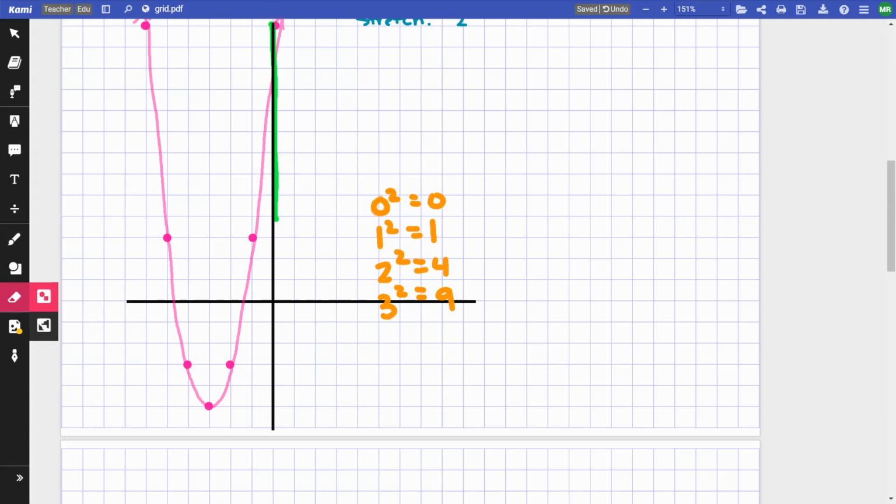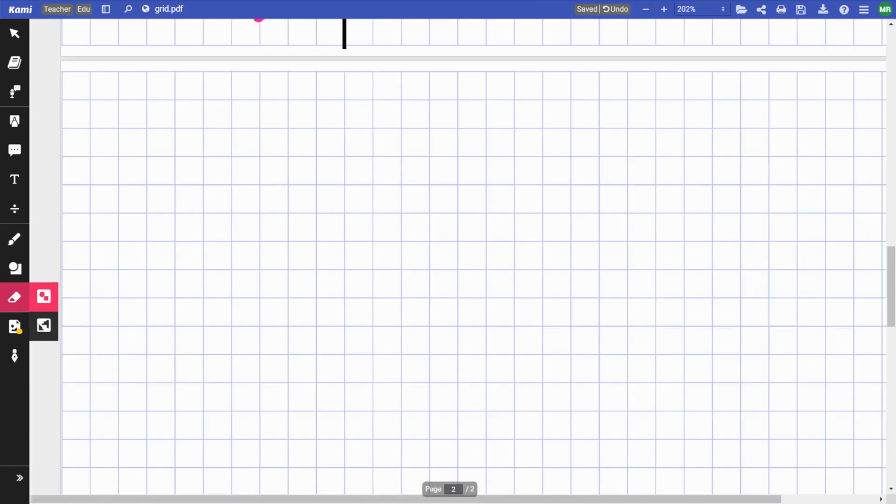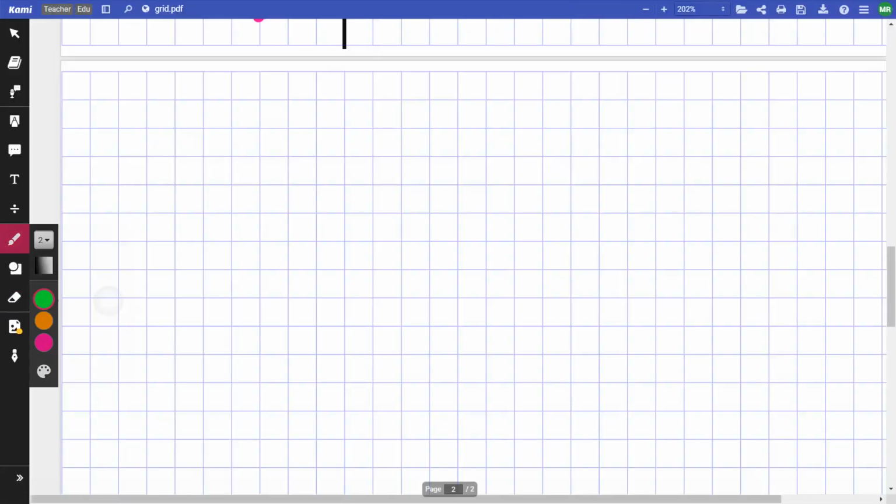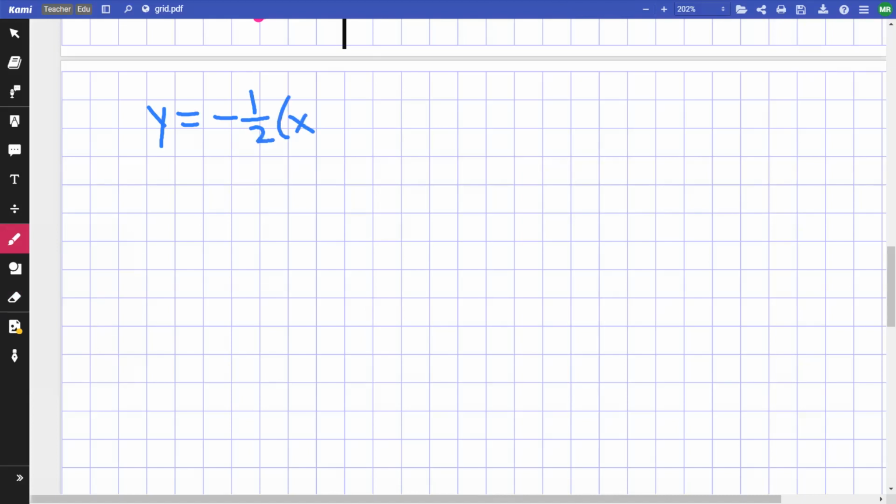So one more graph. Let's try y equal a negative 1/2 x minus 4 squared plus 6.